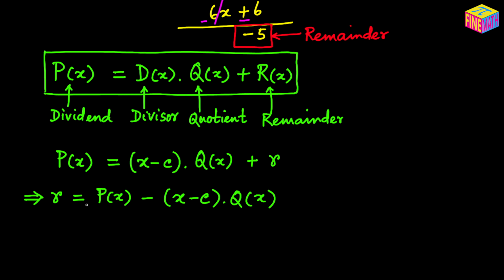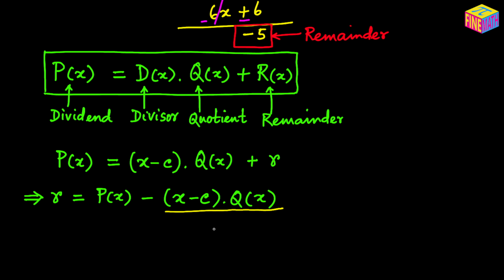Now, in this general form, we don't know what is the value of q of x. So somehow I want to get rid of this portion, because I am trying to come up with a formula. Now what is the easiest way to get rid of it? Well, if I substitute x by c, then the first portion right here will become 0. So I am going to now substitute x by c.